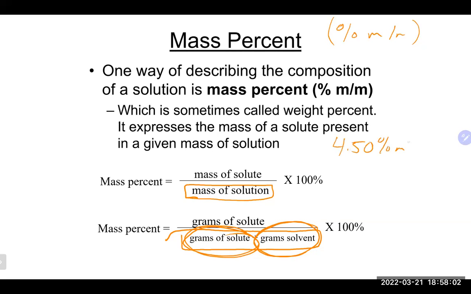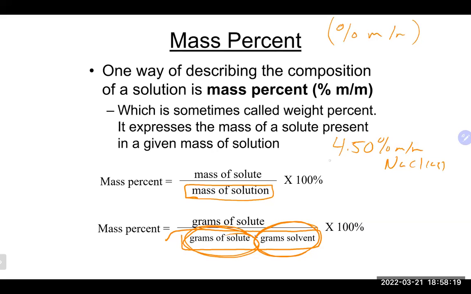Now, if you had, for example, a 4.5% by mass sodium chloride solution, we can sometimes turn a percentage into a usable unit by assuming 100. If you assume 100 of something, it keeps the number the same.